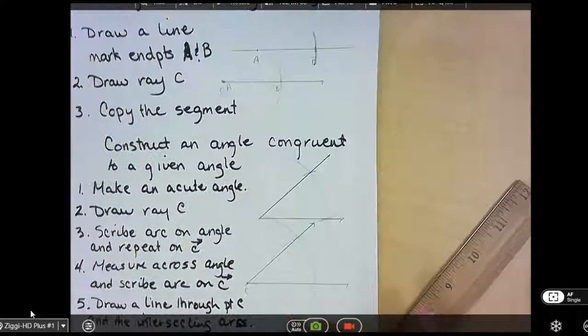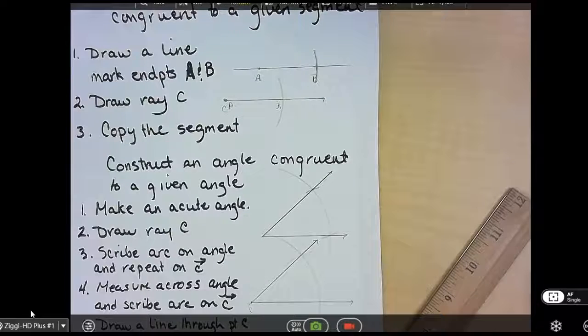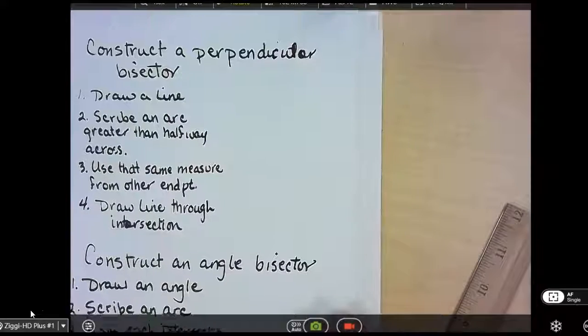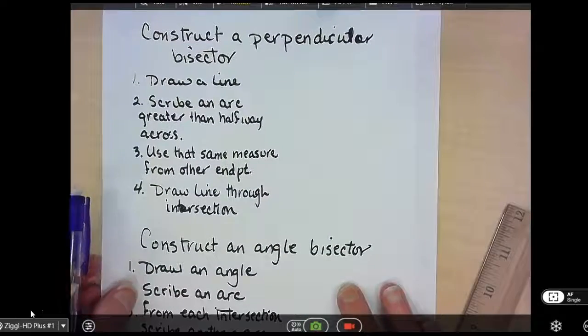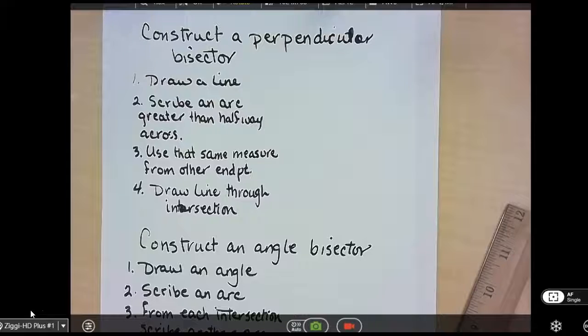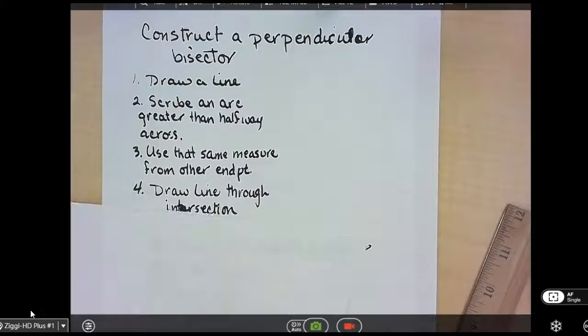All right, so those are our first two constructions. Our next one, as you notice, I have all those papers, that's so I don't stab my desk, is to construct a perpendicular bisector. And as you can see, again, I had troubles with my letters, but it's okay.